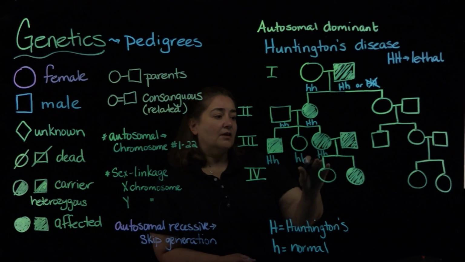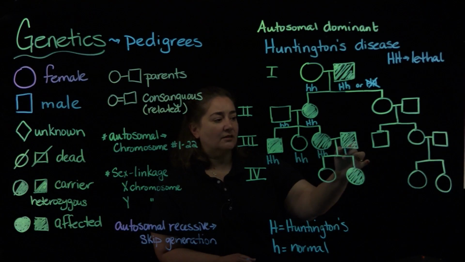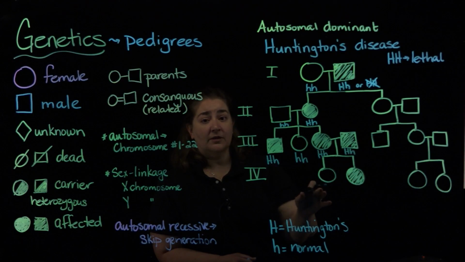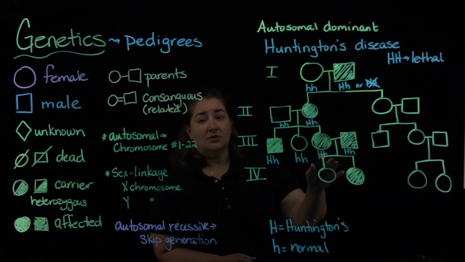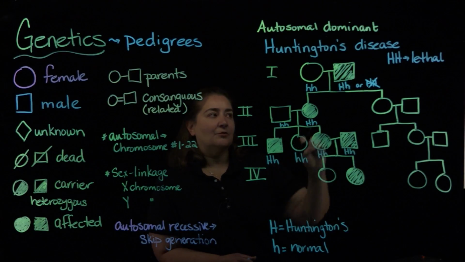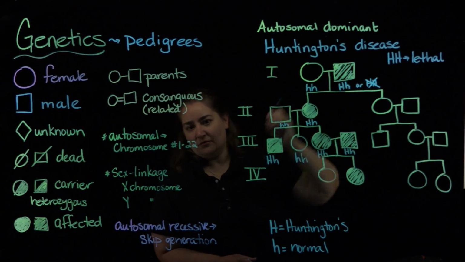Now, in this case, I've drawn the daughter marrying an affected male, because I want to show you this is another way you can figure out whether or not a trait is traveling as heterozygous or homozygous dominant, if you don't have that bit of information.